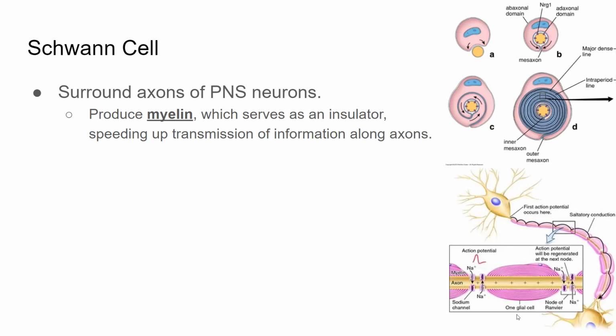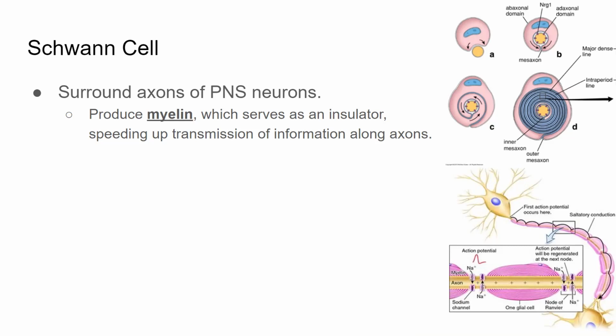The nice thing about myelin is that you don't need sodium channels along the entire length of the axon. The electrical signal gets to skip that section, so it really speeds up the conduction. That's the high yield thing to know about Schwann cells and myelin.